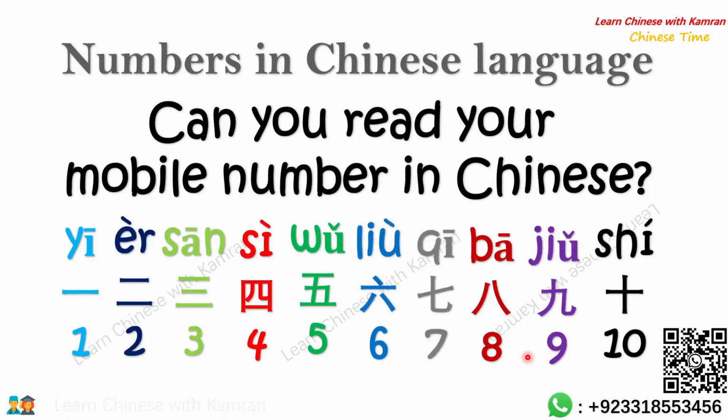Once you have the numbers 1 to 10, you can make any combination and read any number, whether it is a mobile number, office number, or home address. Wherever there are numbers, you can read them. If you can't read your mobile number in Chinese, you need to watch this video again slowly and keep practicing.